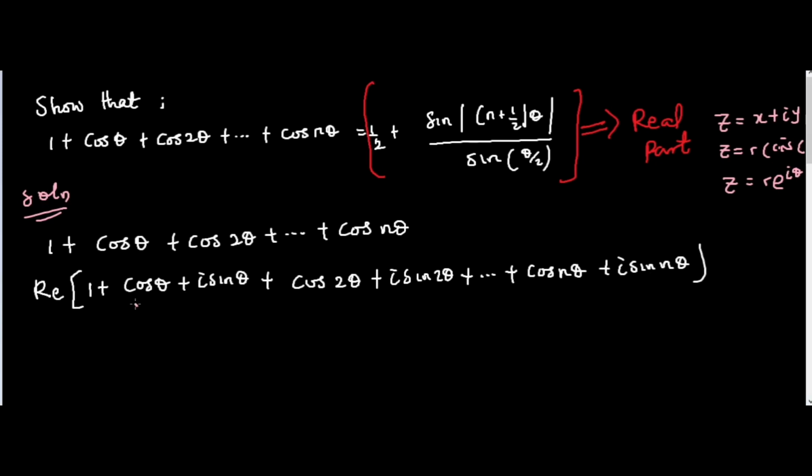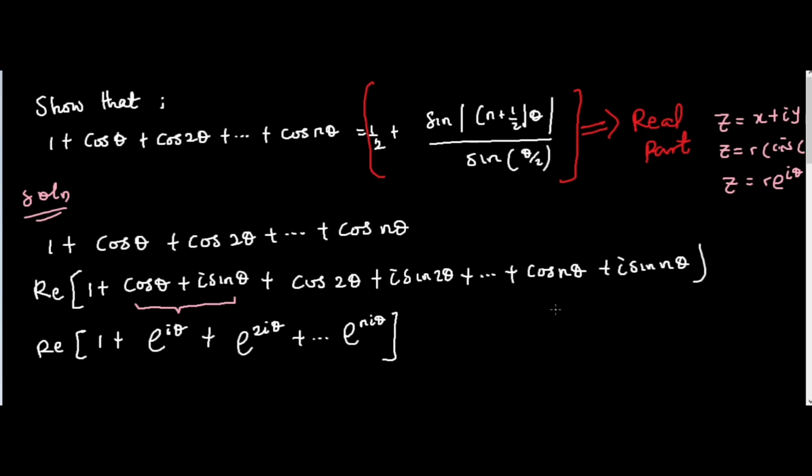In the absence of the r, that means our r here will be 1. So my real part for this question will be 1 plus e raised to power i theta, plus e raised to power 2i theta, then on and on to e raised to power n i theta, because I'm going to the nth there.